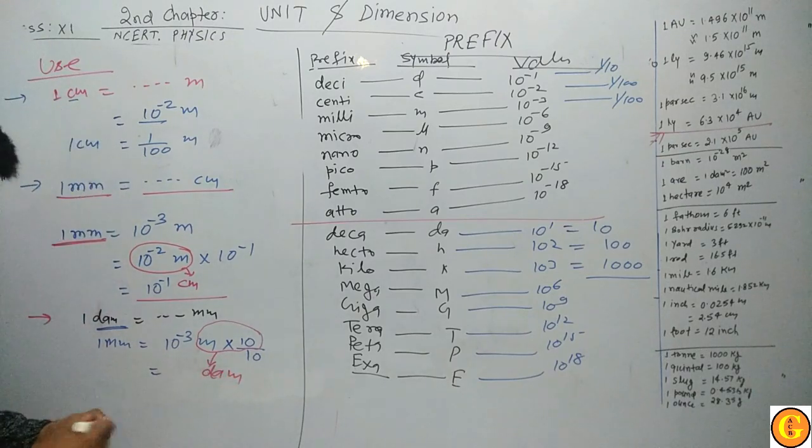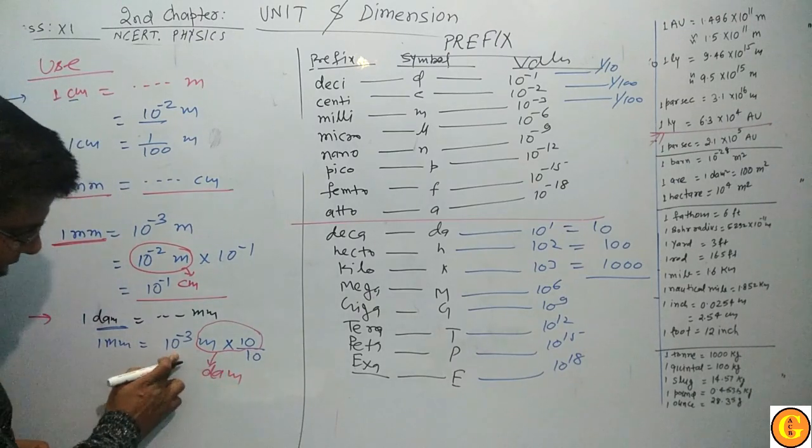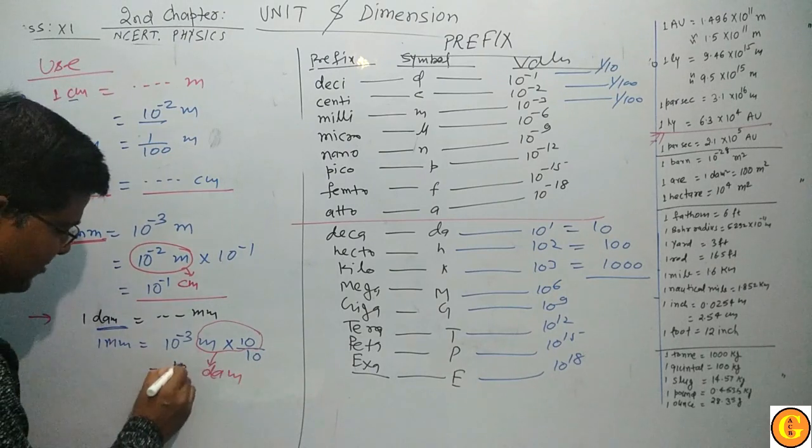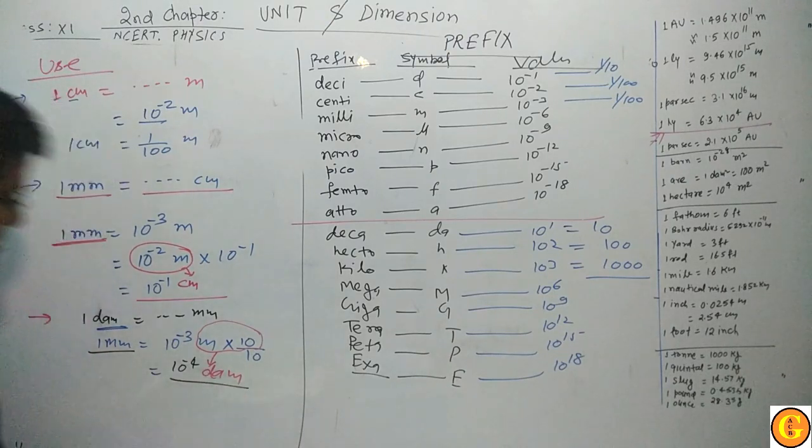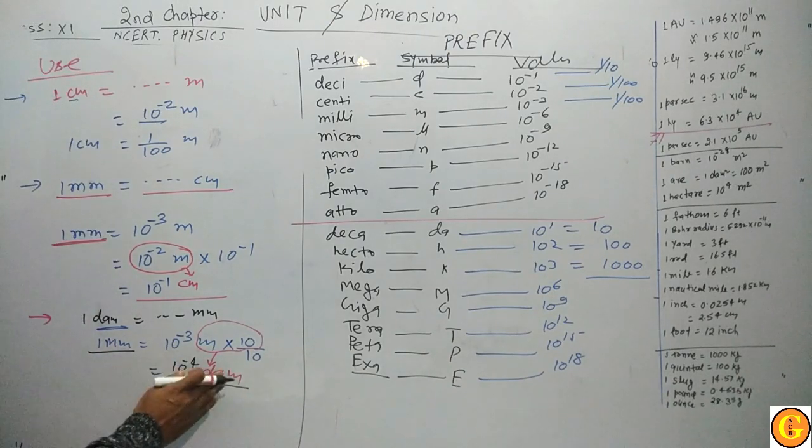The numerical value becomes 10 to the power minus 3 divided by 10, which is 10 to the power minus 4. Means 1 millimeter is equal to 10 to the power minus 4 decameter.